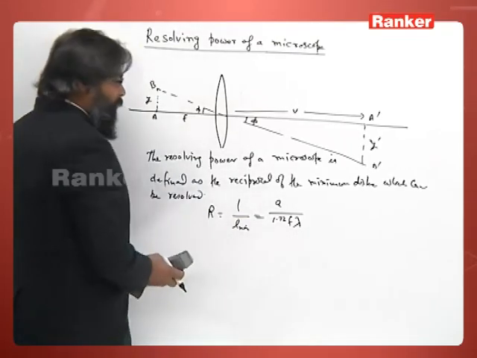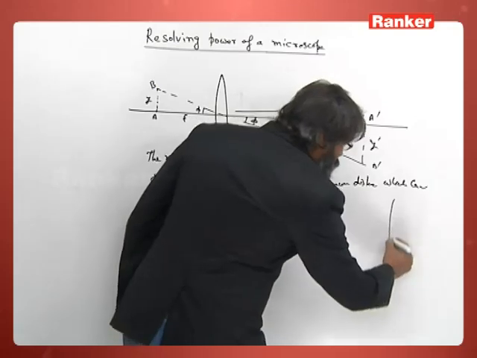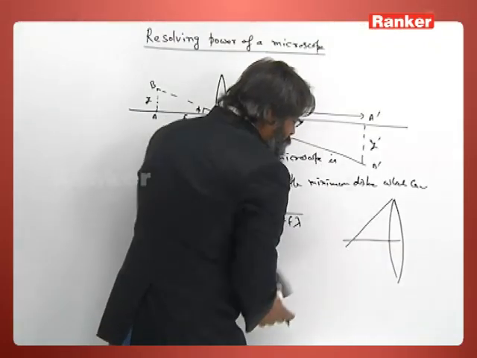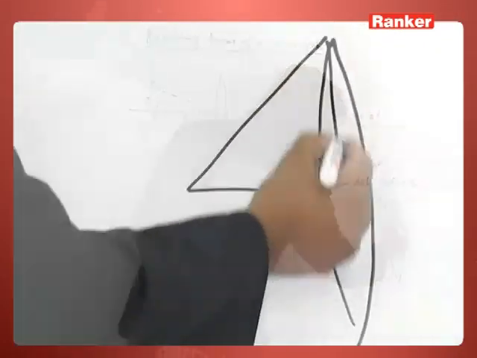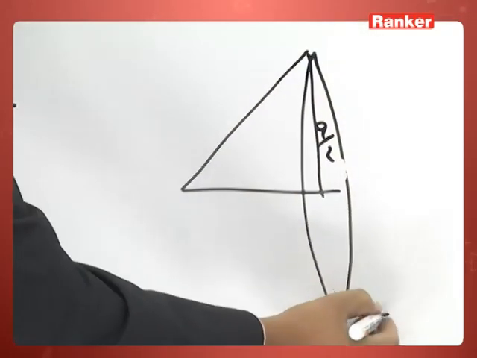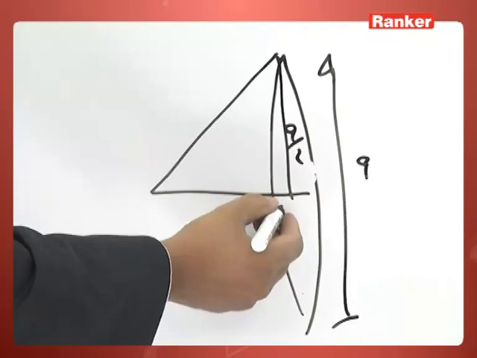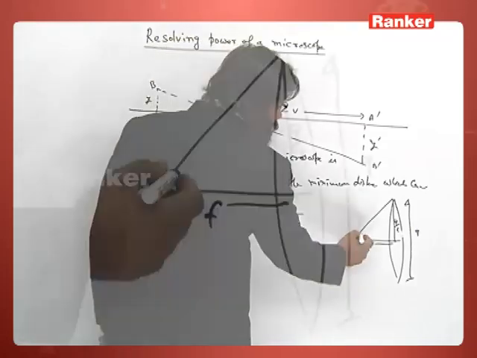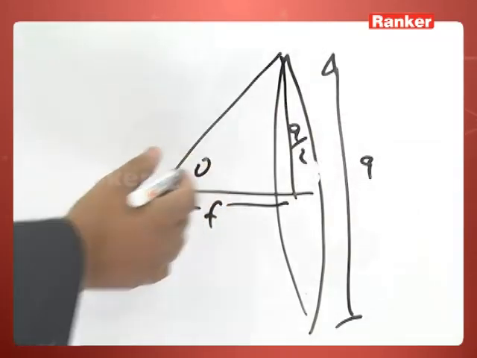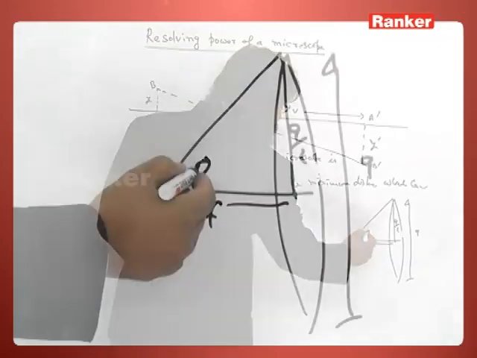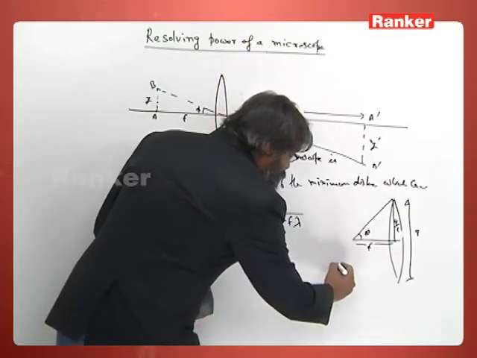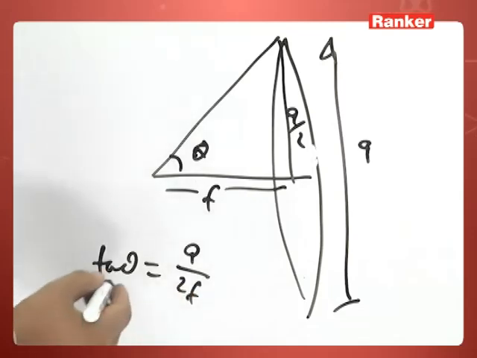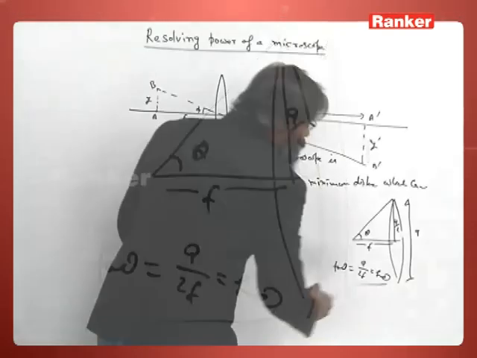Now, you see, this is our objective lens. This has a very short focal length. What is A here? From here to here the distance is A by 2. The total diameter is A. So this is A by 2, this is f. Now, we consider the paraxial images. Suppose I call this angle theta, then we can say tan theta is A by 2f, or tan theta can be further written as sin theta also.